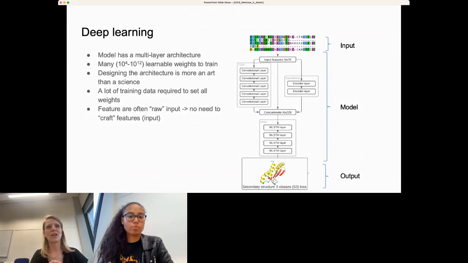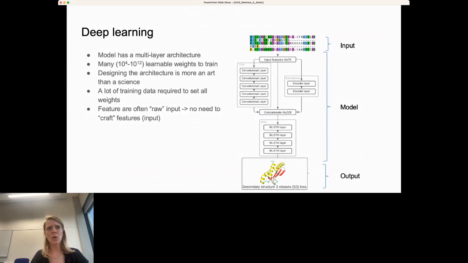This model can start to learn and reason about the data. But you do need to have enough examples. And so if we have this deep learning, we can get a huge number of learnable weights in this machine learning model. But that also means that to train this huge number of weights, we also need a lot of data to actually train the model in the first place.